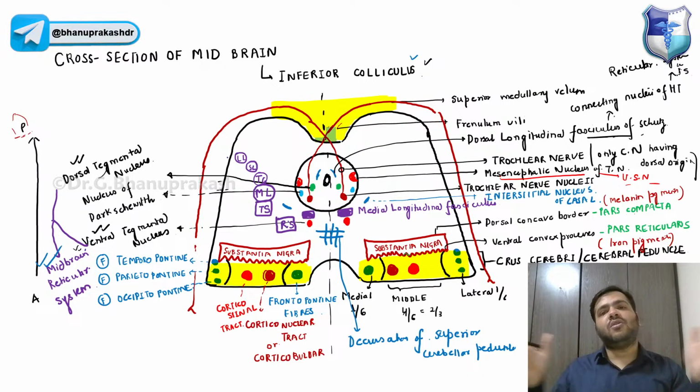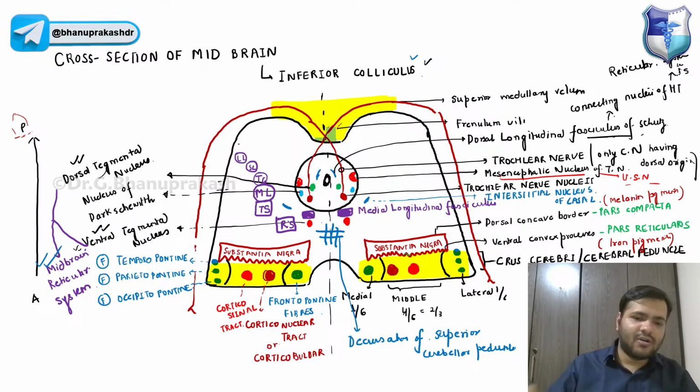So these are in order, guys. Behind this reticular formation, we have the rubrospinal tract, the tectospinal tract, then the medial lemniscus, trigeminal lemniscus, spinal lemniscus, and lateral lemniscus. These are the lemniscus that you will find over here.